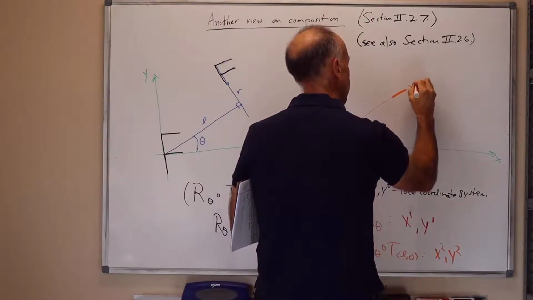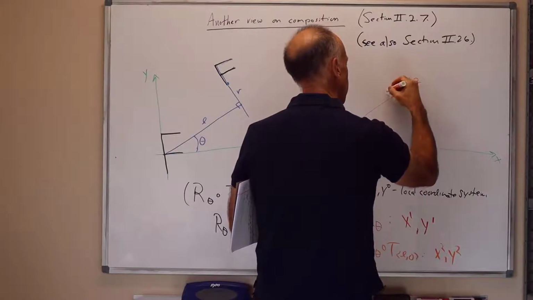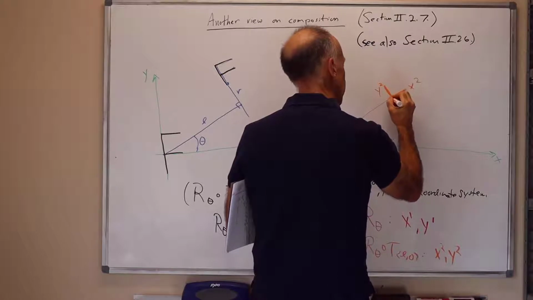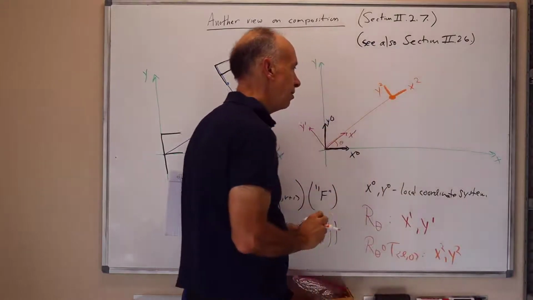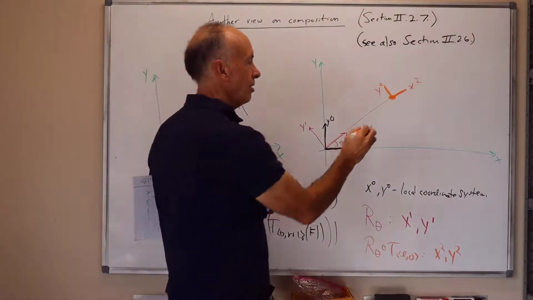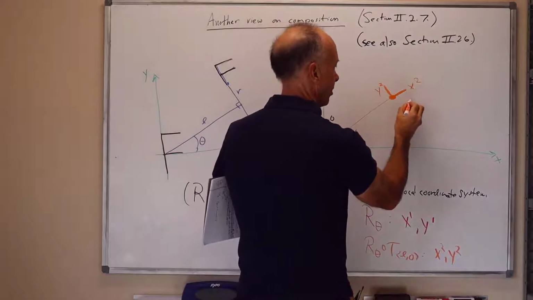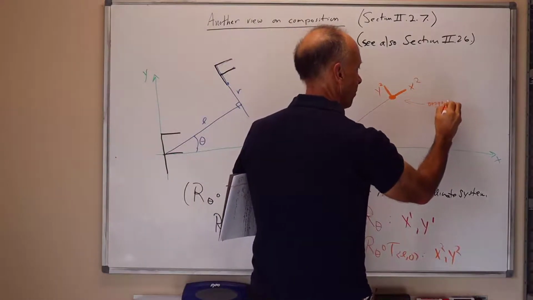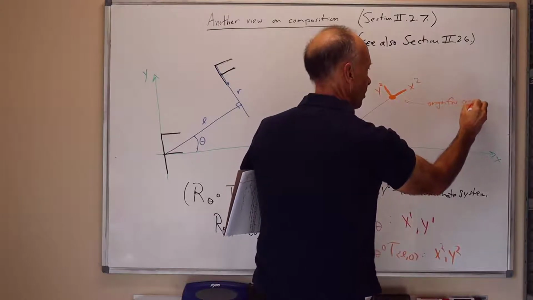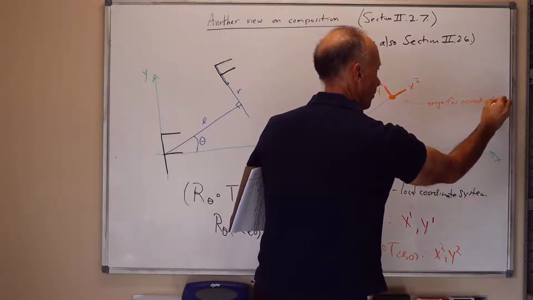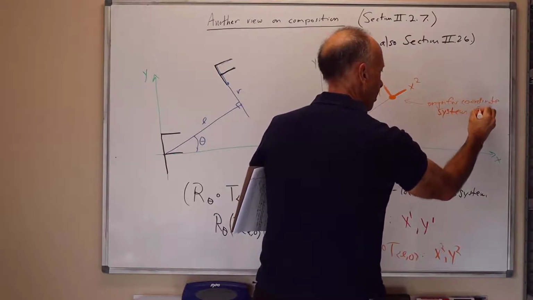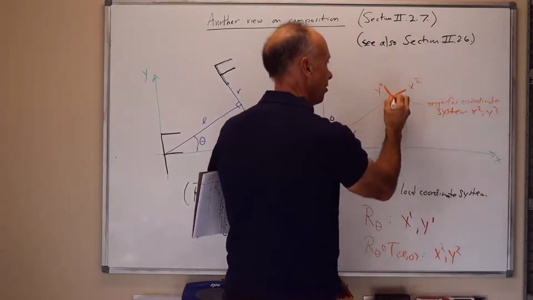So here will be x2, y2, and it's rooted no longer at the original origin. This is the origin for the new coordinate system. So this is the origin for coordinate system x2, y2, right here.